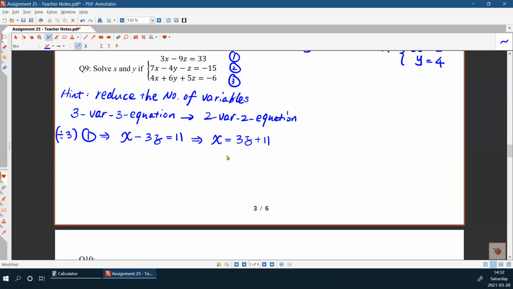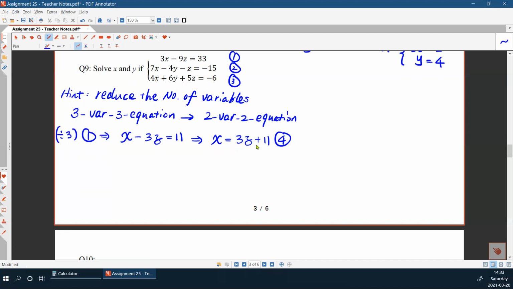There is no y, right? It does not matter, because if it does have y, you can put this number 4 into number 2 and number 3 and eliminate all the x's there, right?